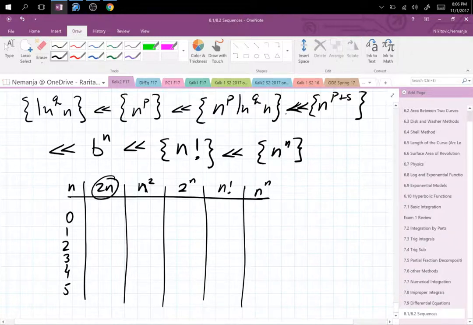Oh, polynomial. So all three of these are polynomials, actually. All right, so 2n, double everything. We see the growth, right? But then let's see n squared.